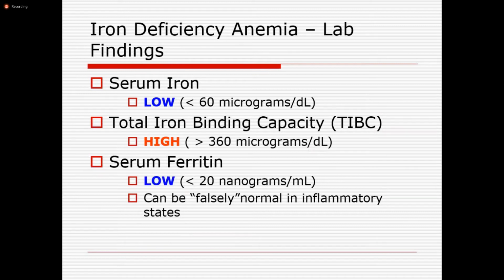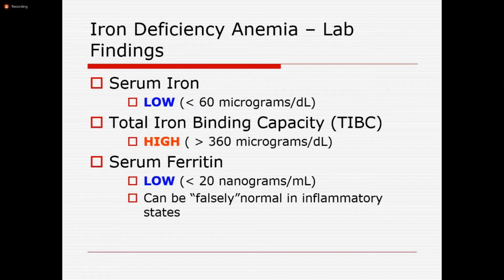But make sure that there is no concomitant inflammatory disease, like a patient with arthritis or any infections, because apart from ferritin showing the iron stores, it's also an acute phase reactant.